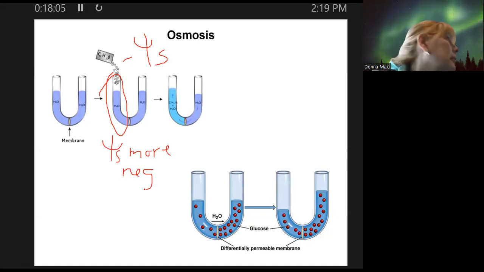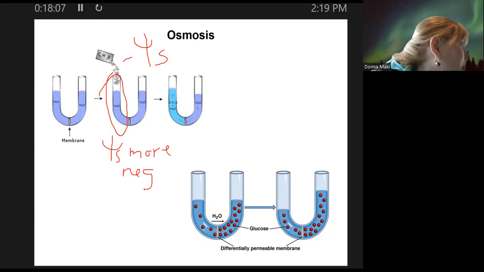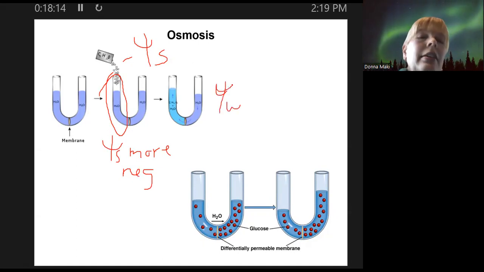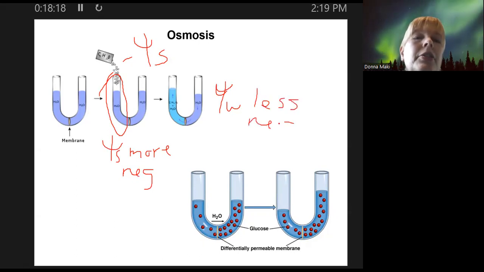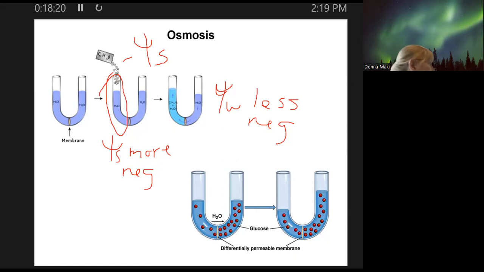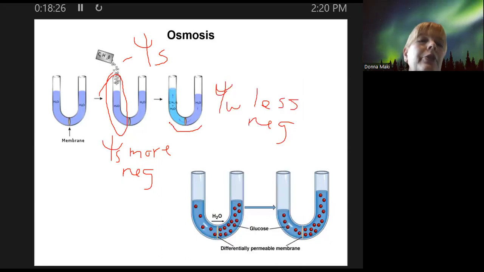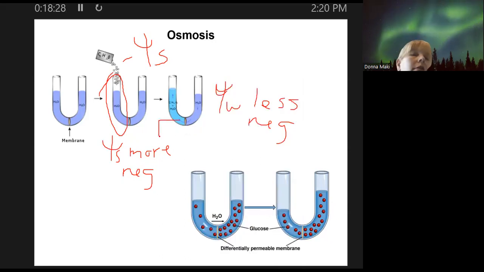If you have pure water on the other side of that U-tube, that overall water potential, because there's no ψS component messing with it, is less negative. So they're trying to show that water is moving from the right of the tube through that membrane into the left.